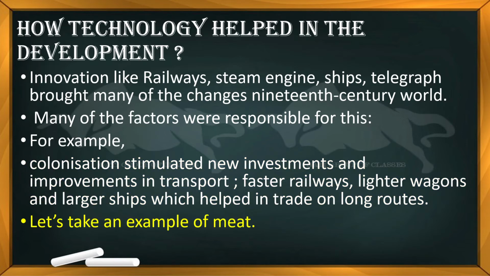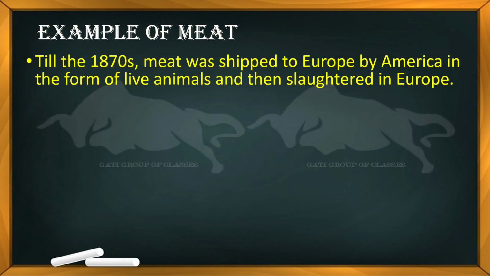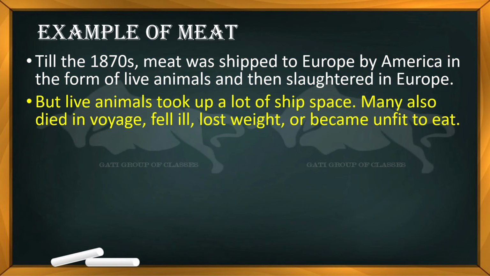So let's take an example of meat. Until the 1870s, meat was shipped from America to Europe in the form of live animals, and then they were slaughtered in Europe. But with live animals there were many losses. They covered a lot of ship space, and some of them died on the way, or fell ill and lost weight and became unfit to eat.